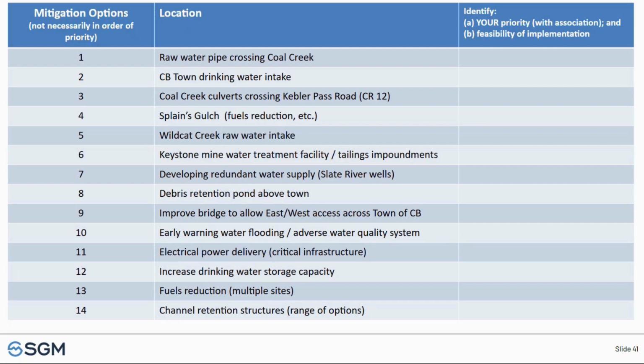There are some other actions along that same line that we'll have in here, like trying to maintain this stakeholder group. One of the things we found in other post-fire situations is that having a nonprofit group or something in charge of a recovery group that's already in place and has some capacity is really important.